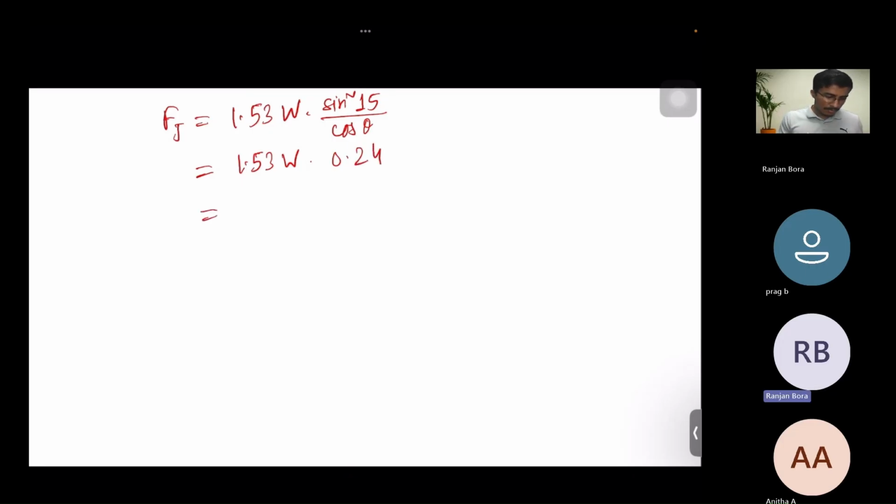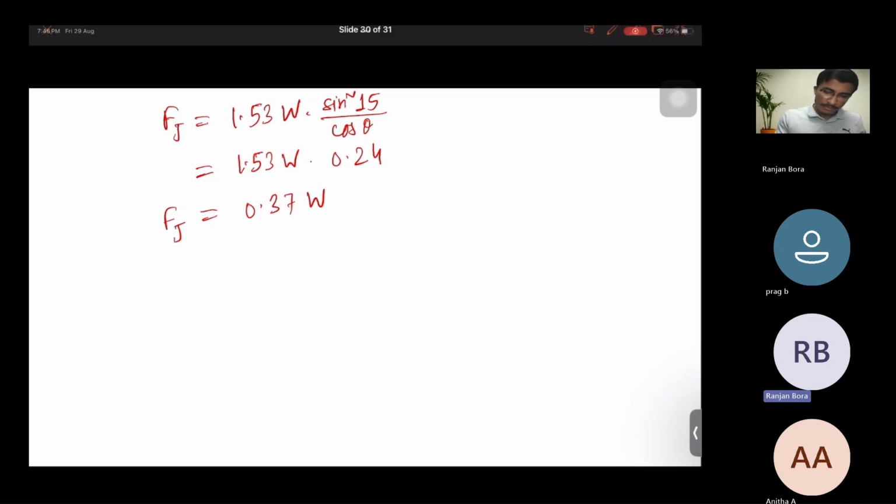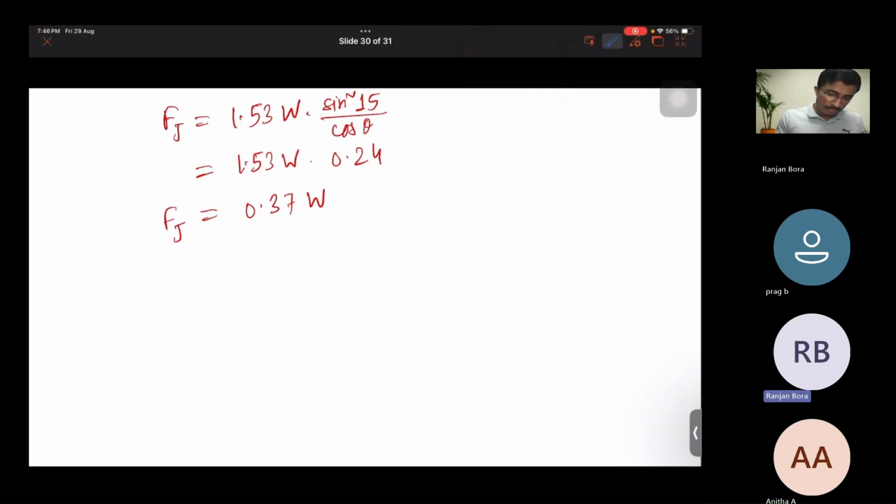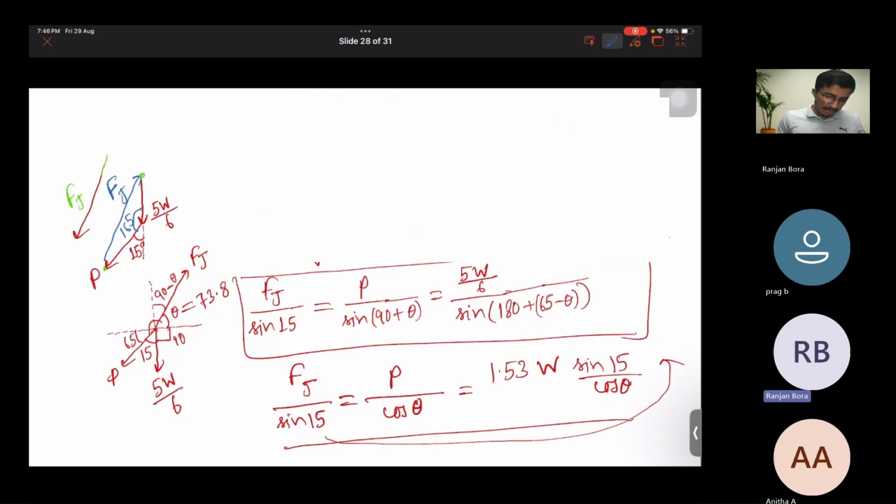It is 0.37 W. So Fj is 0.37 W. And it is acting at an angle theta with the horizontal x-axis.